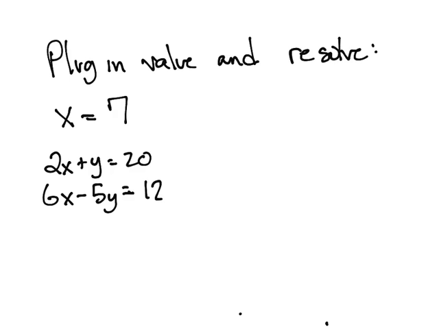To finish, we need to find out the value of y. We already know that x is equal to 7 from our last problem, so what we need to do is plug it in to one of these two equations. And it doesn't matter which one. All you really need to do is determine which one you feel is easier to solve. In this case, I think that this is going to be the easiest equation to solve.